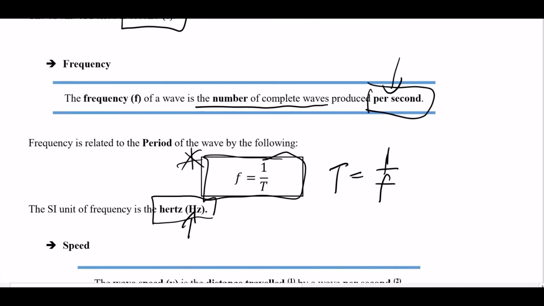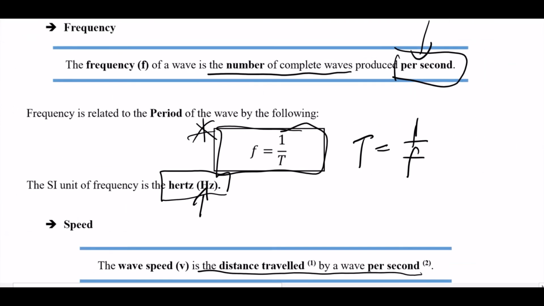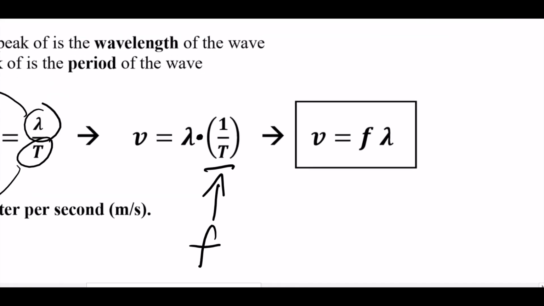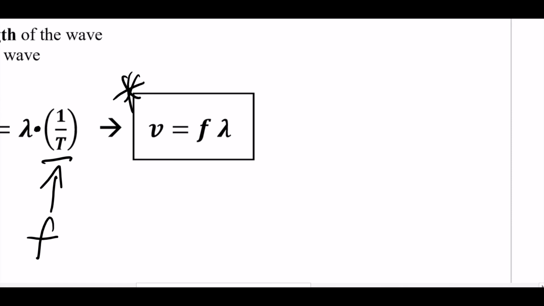Remember that frequency equals 1 over T, the period. So I'll replace 1 over period with frequency, and I have the final formula here, v equals f lambda. The speed of the wave is given by the frequency multiplied by the wavelength.